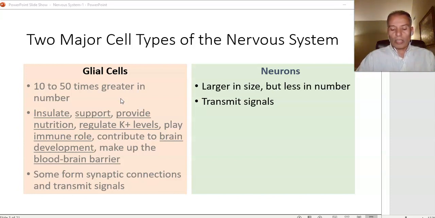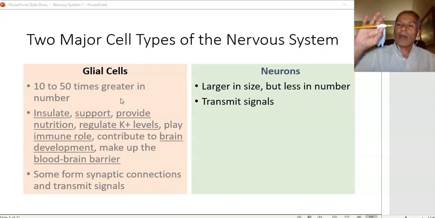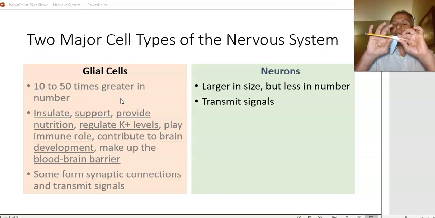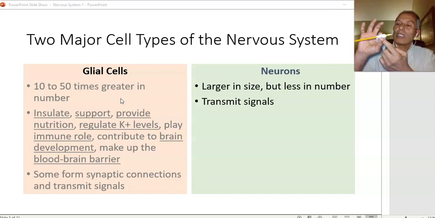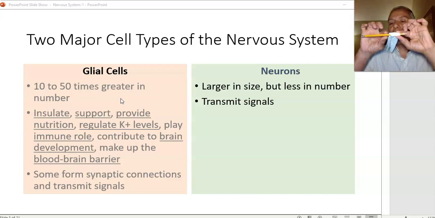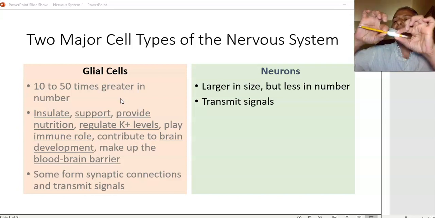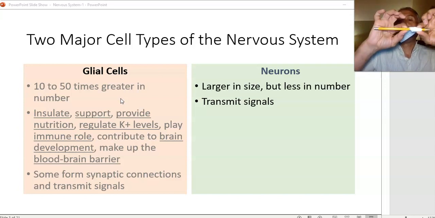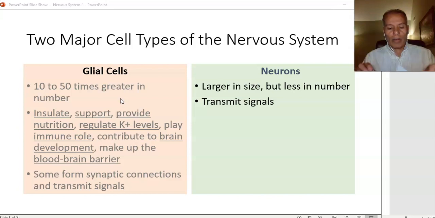And in order to be insulated, they have myelin around them. Segments of myelin will wrap around segments of the axon. Between every segment of myelin and another segment, there's a tiny, tiny gap. And we'll discuss how this works later.